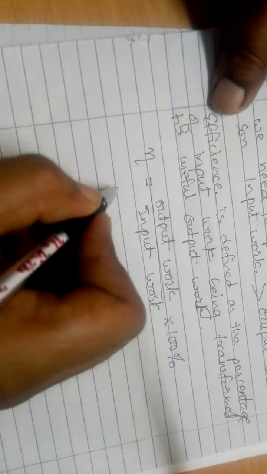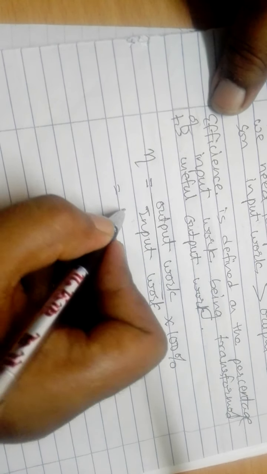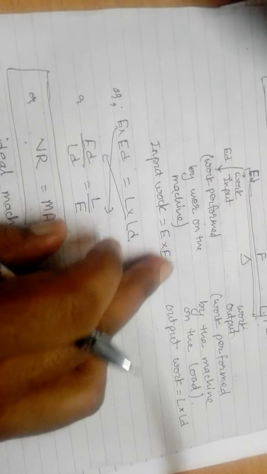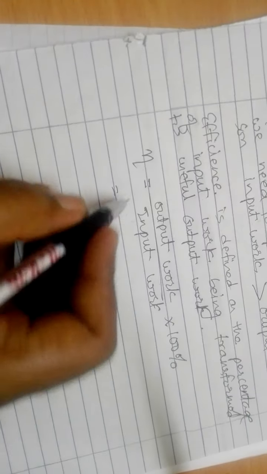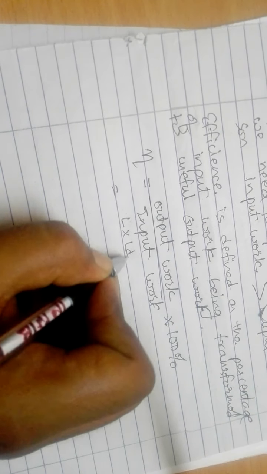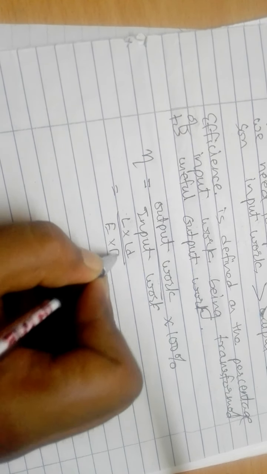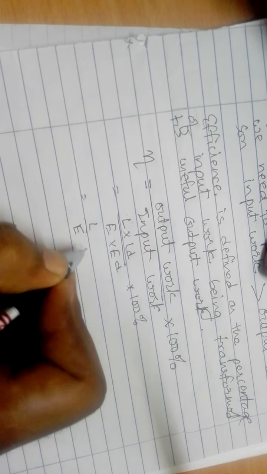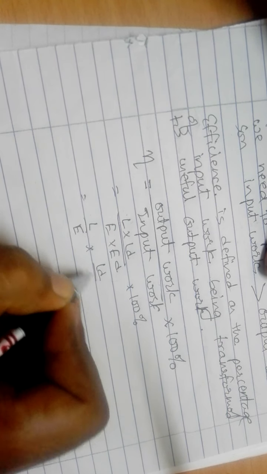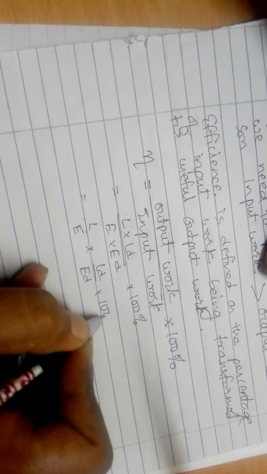Okay, output work is defined as, we have done this previously. Yes, here see, input work is E into ED, output work is L into LD. We are going to place the same value here. Output work L into LD, input work E into ED, into 100%. Now I can write it like this. I can separate L by E, and I can separate LD by ED, into 100%.